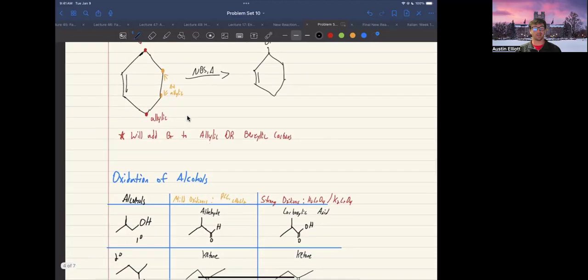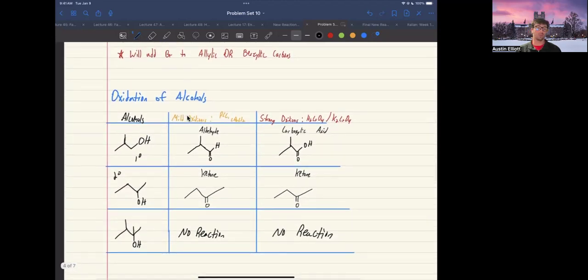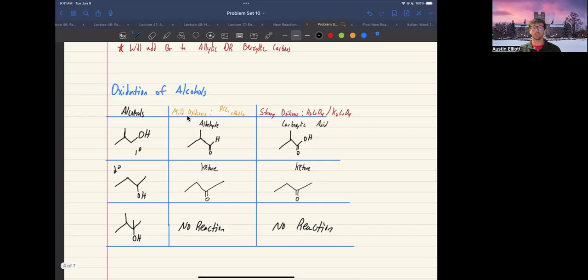So now we're going to move on to the oxidation of alcohol. So this is a nice little chart. It's in the notes. Make sure you understand this, memorize this, whatever you have to do to help you understand it. So basically we have 1, 2, and 3 prime alcohols, and then we have mild oxidizers and strong oxidizers.